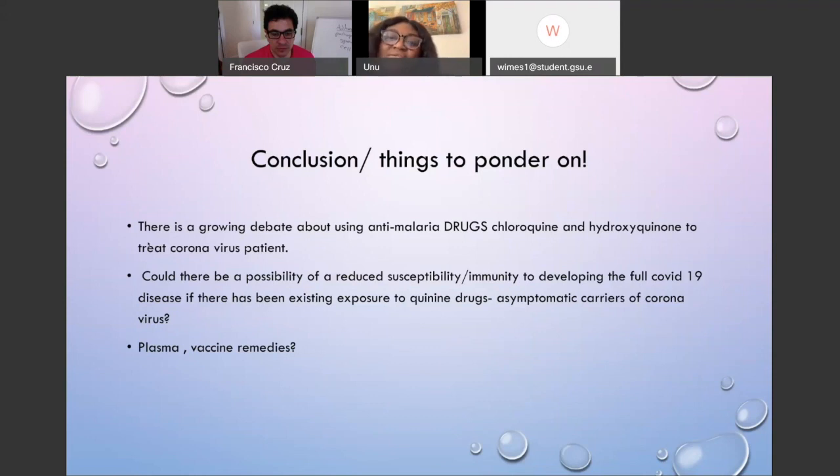And how does the plasma of someone who's suffered from malaria and been treated with these drugs, is there a potential for vaccines from such people? Those are some of the things I pondered about.